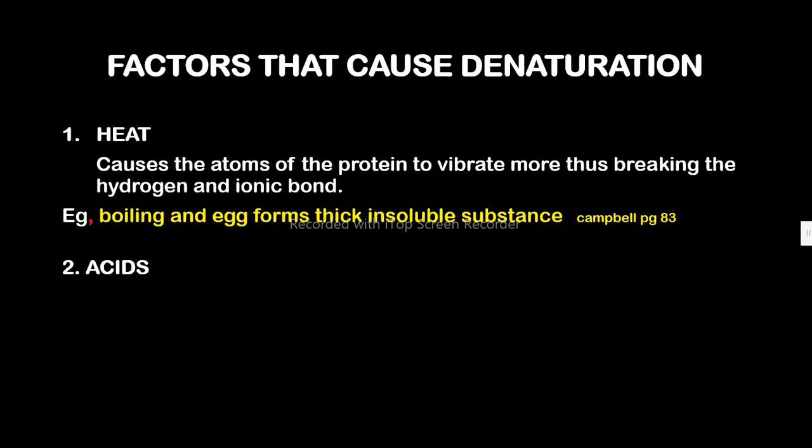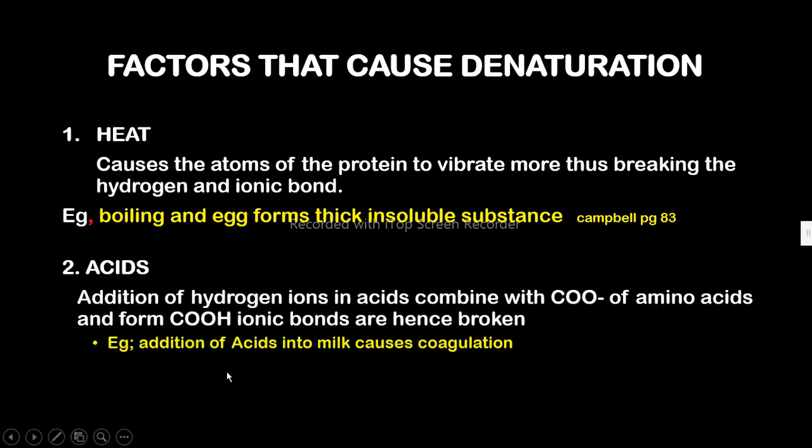So when you add the lemon, which is acidic, to the milk, the acid will produce hydrogen ions, and hydrogen ions will cause denaturation of the protein. So these acids do denature proteins, and bases do the same. They also denature our protein. It is just simple.